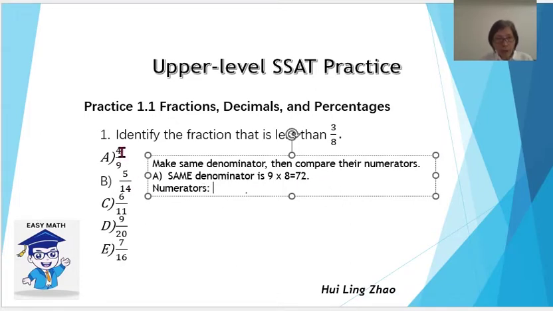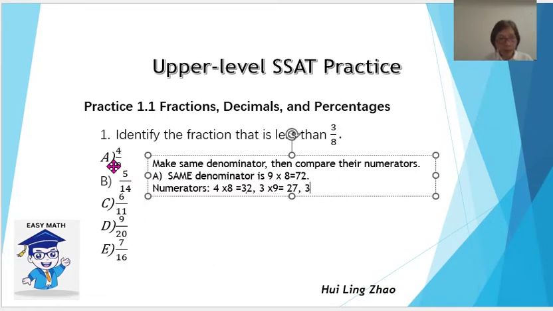here is 4, right? And use 4 times 8, so it equals 32, right? And next is 3 times 9, is 27, right?